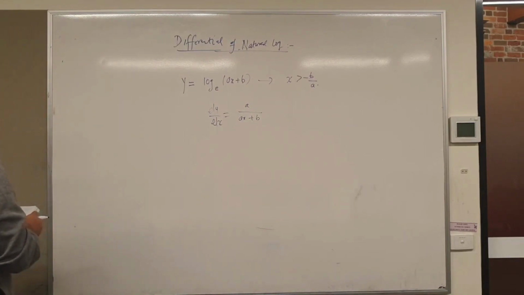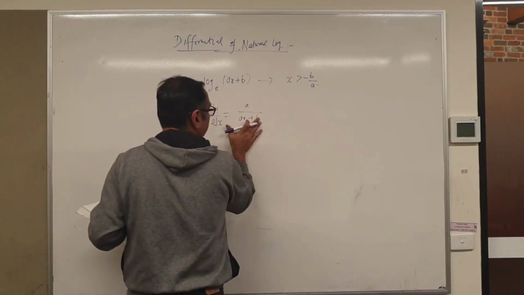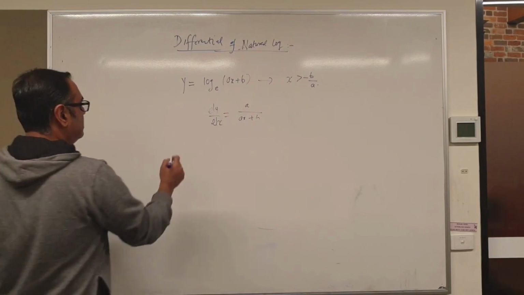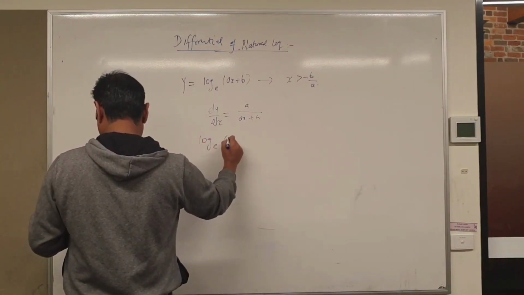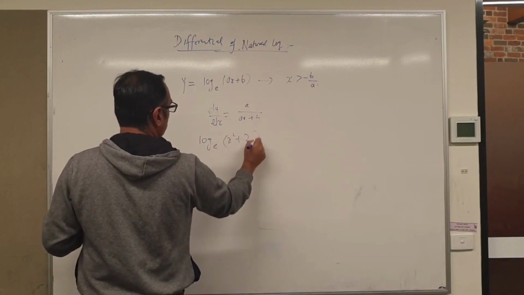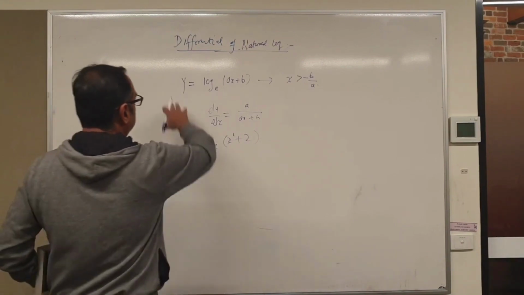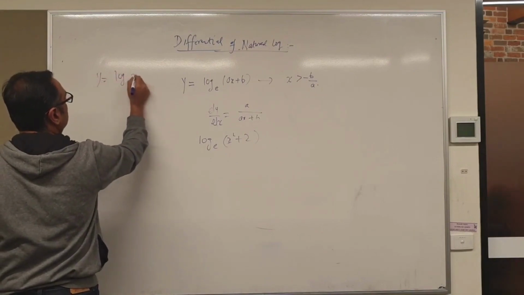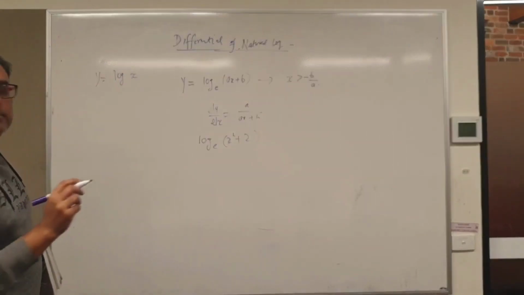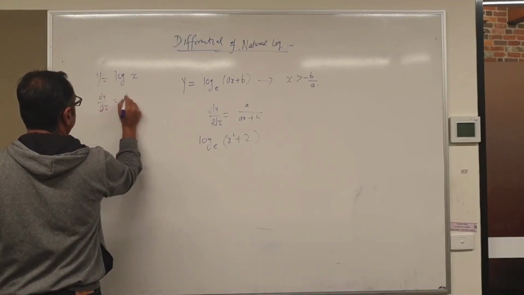So let's quickly try to solve it. How do I get it? Let's say I've got log e of x square plus 2. Just before that, if you have y equals simple log x, then your dy by dx is 1 over x.